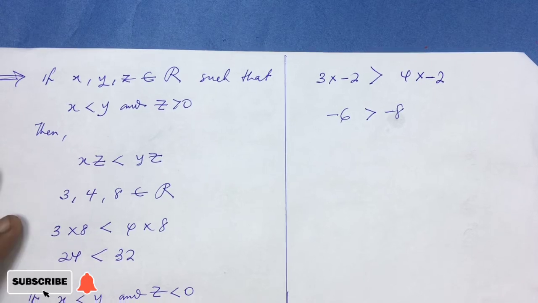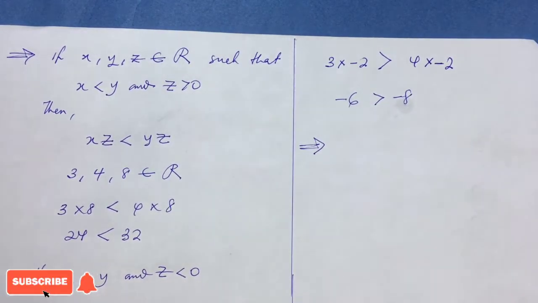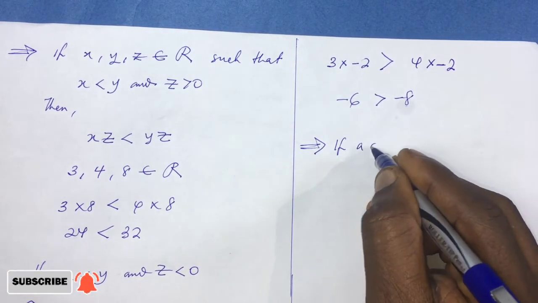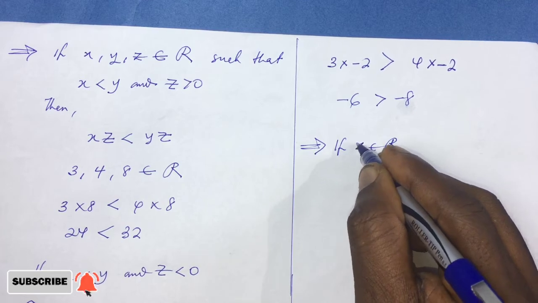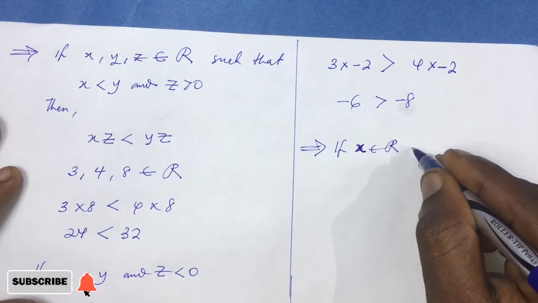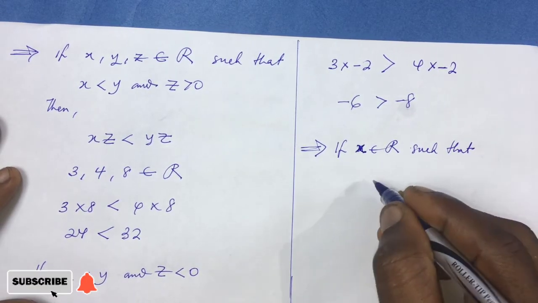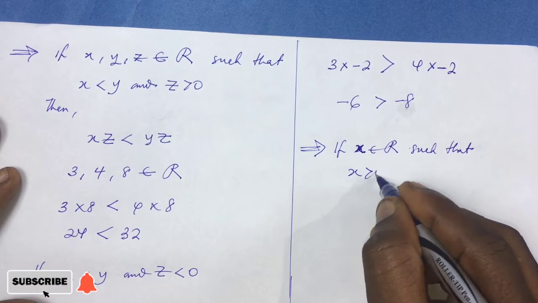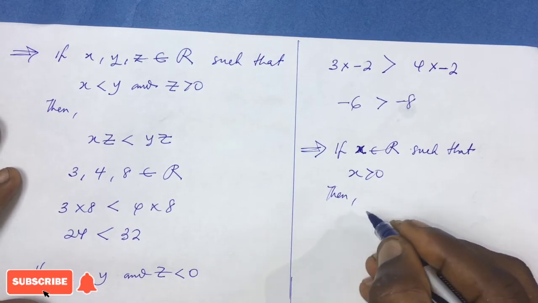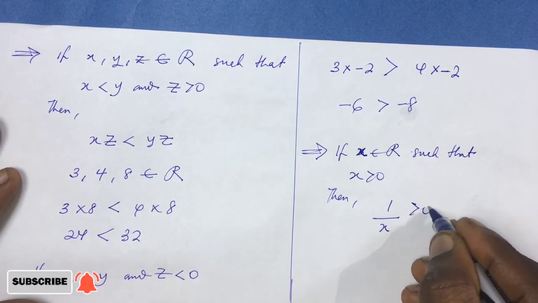Now, let us go to the next property. The next property I want us to look at is this one. If x is a member of R, I want to be consistent with using x, such that x is positive, then it follows that 1 over x will be positive.